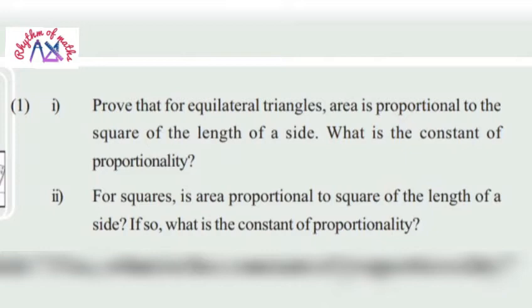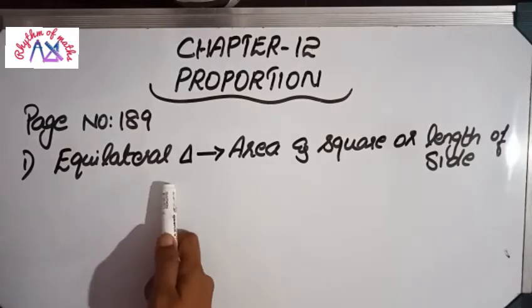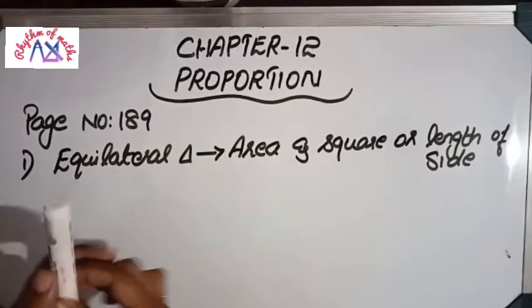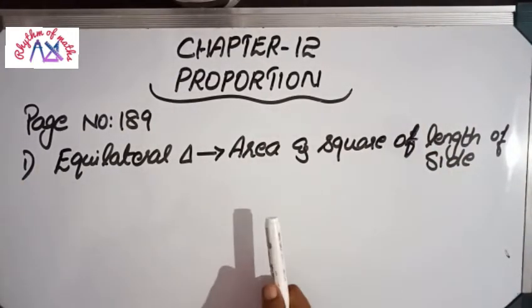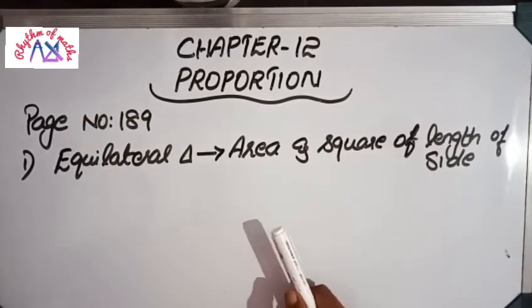If so, what is the constant of proportionality? In the first sub question we have to prove that for an equilateral triangle, the area and the square of the length of a side are in proportion, and find the constant of proportionality. That is the question.